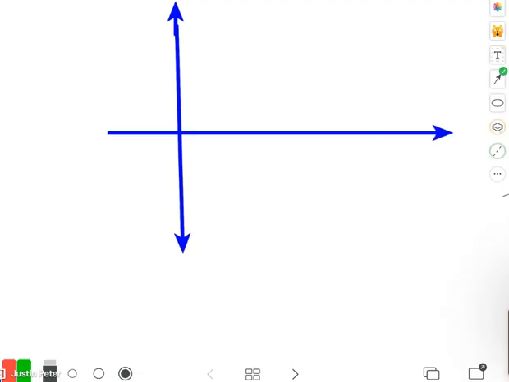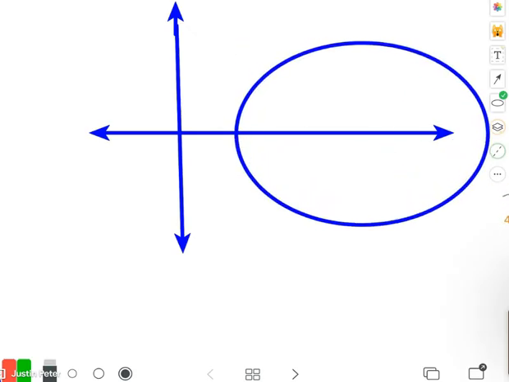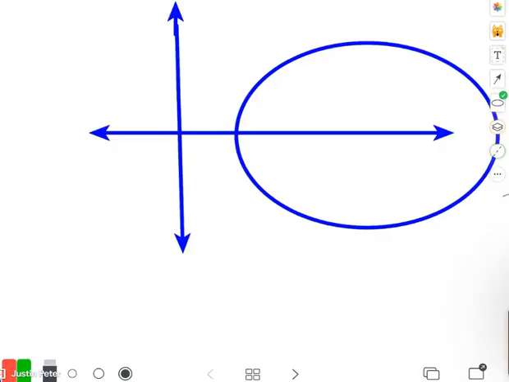So far? So now, if you look at it, we are going to have some questions. Which is the directrix?